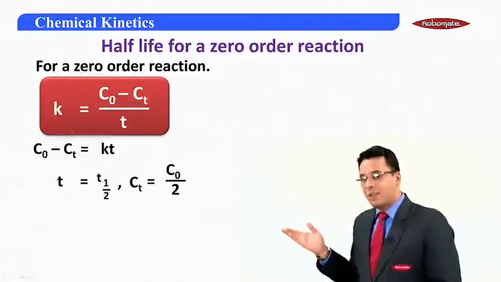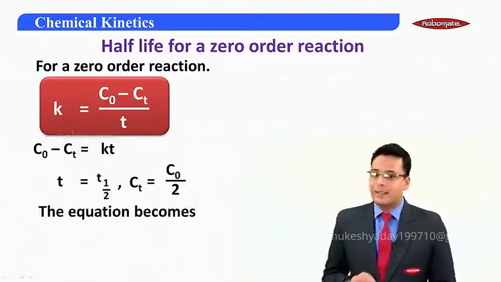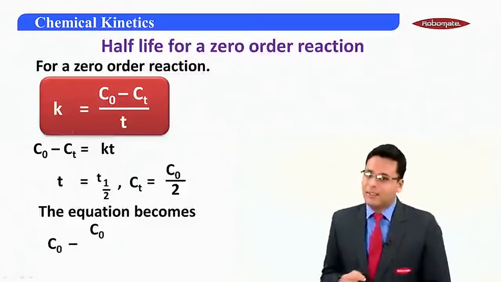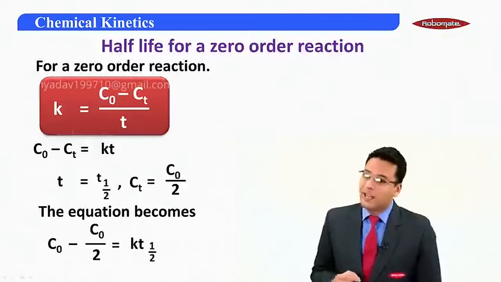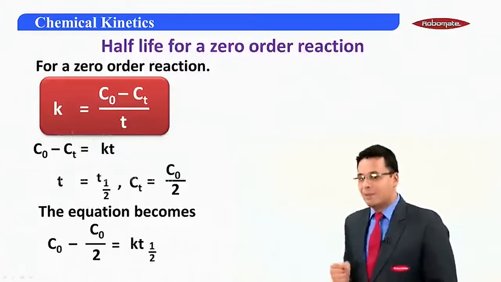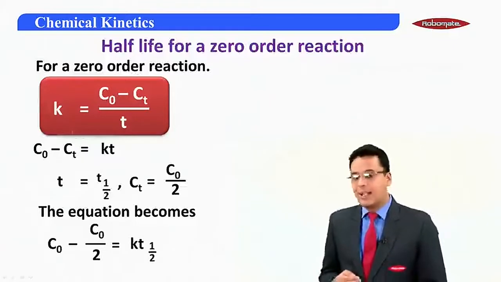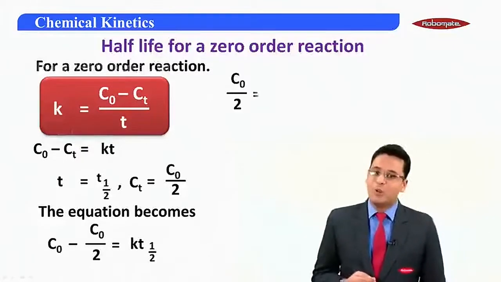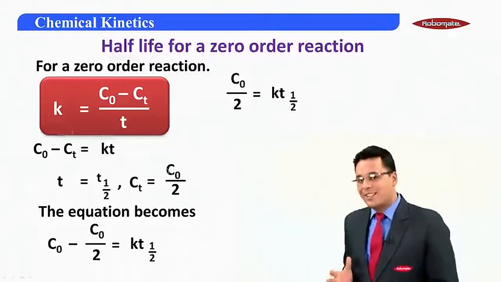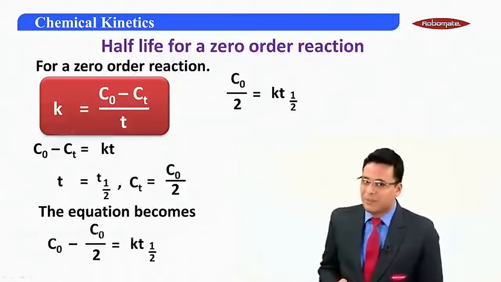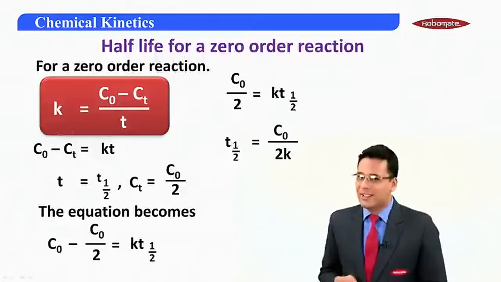If I substitute these values in the integrated rate law, I will get C naught minus C naught upon 2 is equal to K into t half. Taking the LCM on the left hand side, I get C naught upon 2 is equal to K into t half, which means if I rearrange this equation, t half is equal to C naught upon 2K.